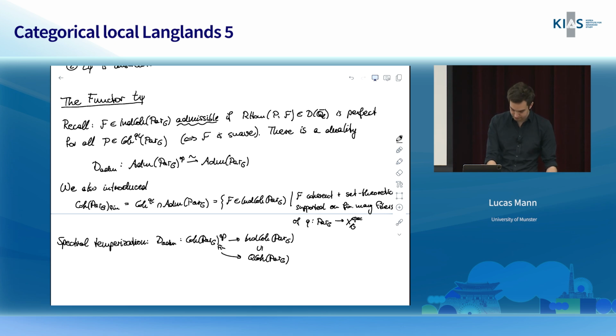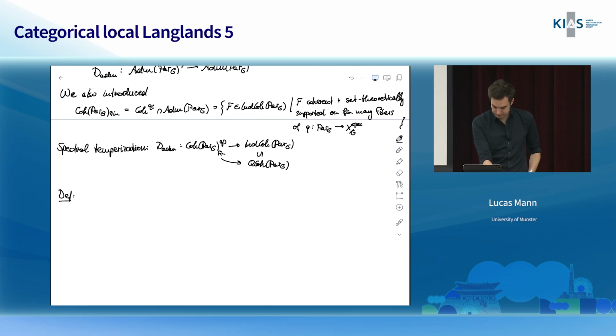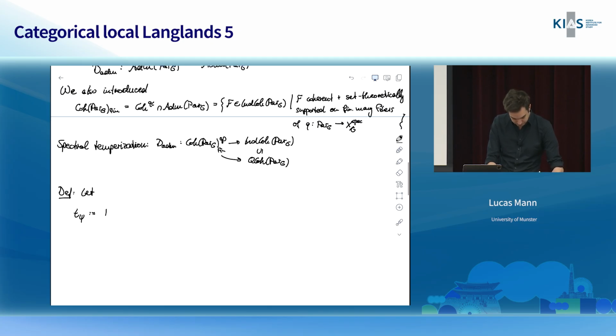And using all of this, let me now define this functor T of psi. T of psi was by definition the composition of Verdier duality, then the A of psi inverse, and then admissible duality. Oh, sorry, twisted, I guess.